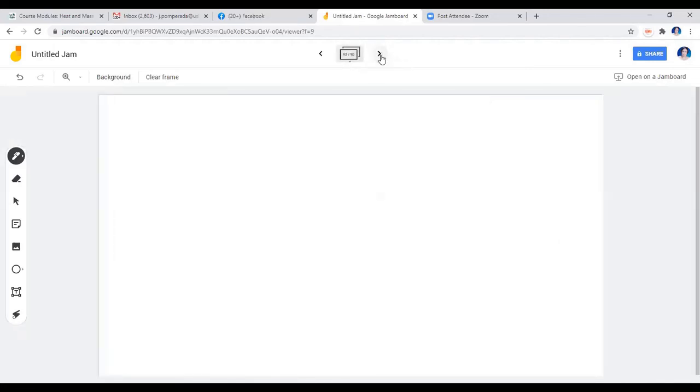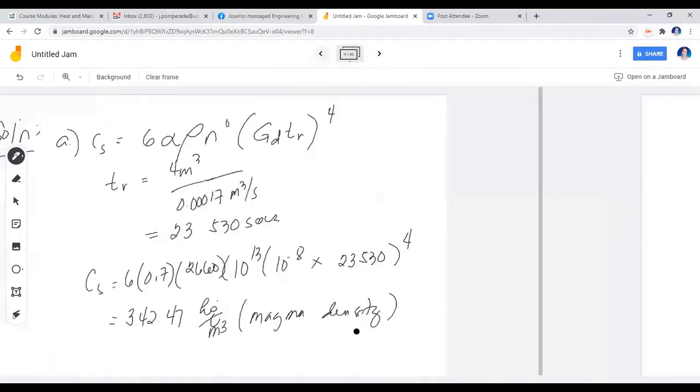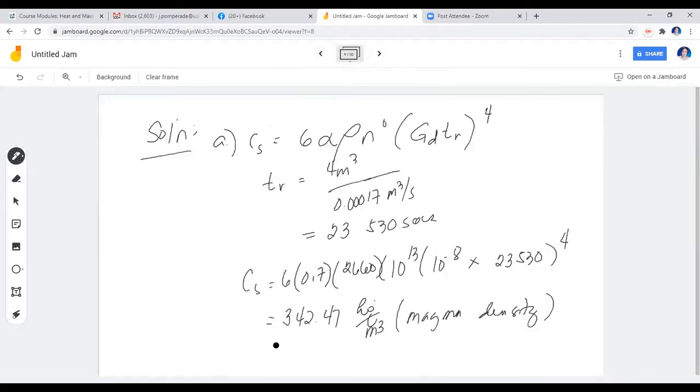So we'll go to the next sheet. You will find the production rate. Our production rate will be based on the magma itself, because our crystal production is dependent on the solid content of our magma.